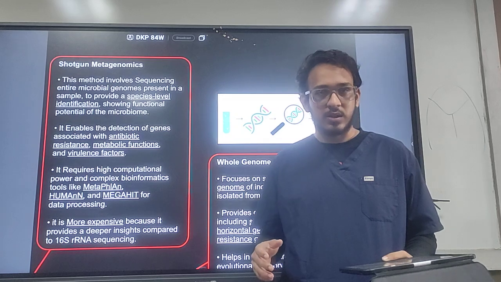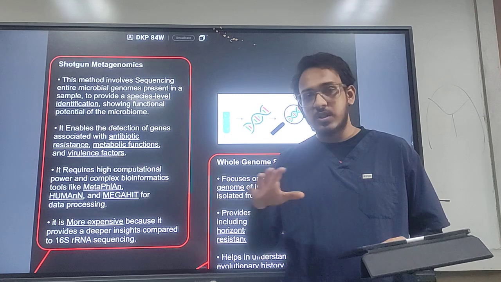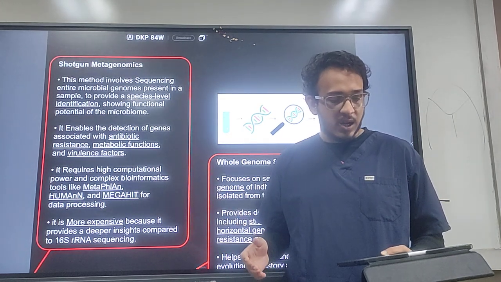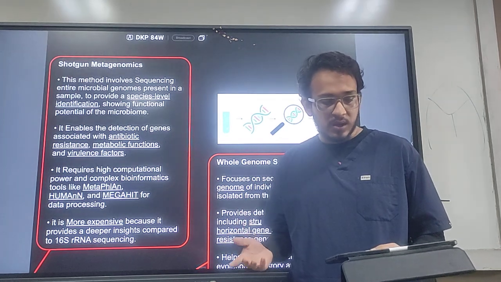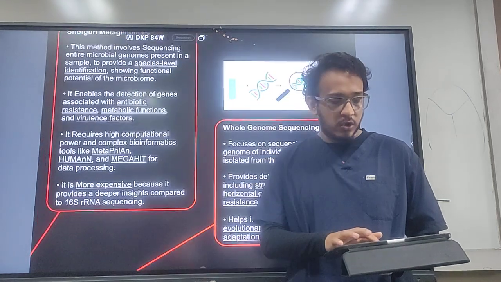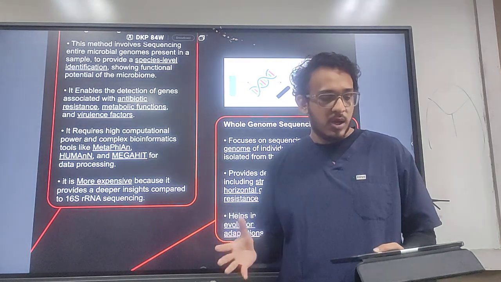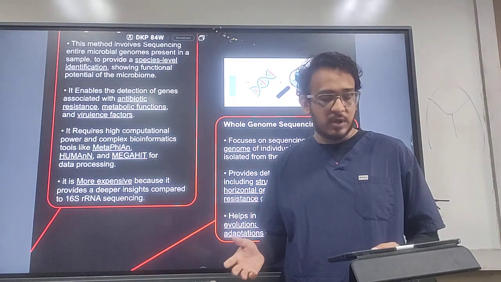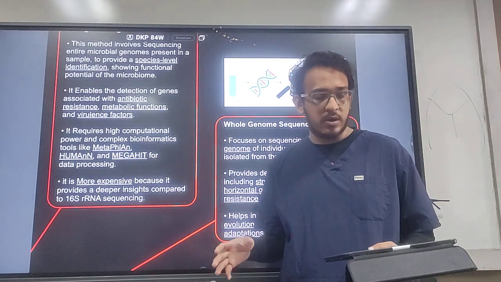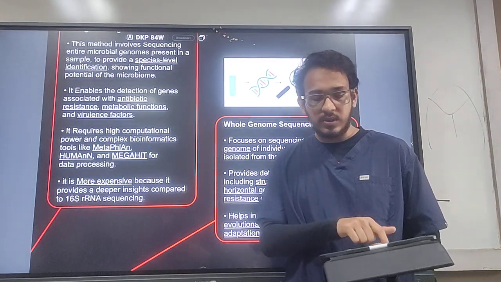This requires high computational power because of the sequencing of the entire bacterial genome. Tools like HUMAnN and MEGAHIT etc. are used for this. Due to being more computational, it is more expensive, and it also provides a deeper understanding of the bacteria in comparison to 16S rRNA sequencing.